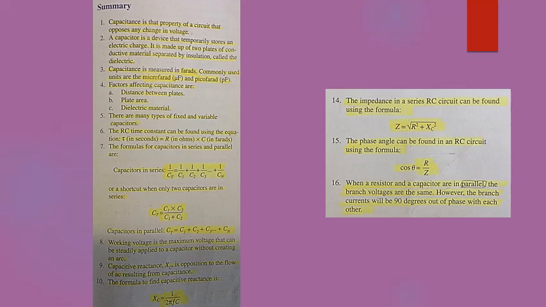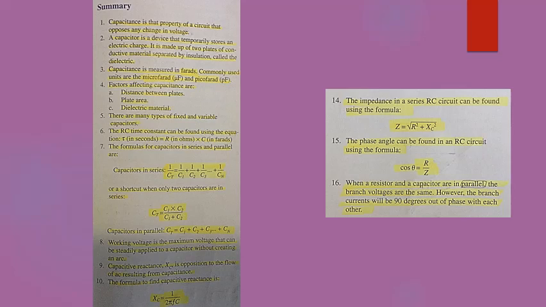6. The RC time constant can be found using the equation time, which is in seconds, equals R in ohms times C, which is in farads. 7. The formulas for capacitors in series and parallel are as shown. For capacitors in series, 1 divided by the total capacitance equals 1 divided by capacitance 1 plus 1 divided by capacitance 2 plus 1 divided by capacitance 3, and so on.